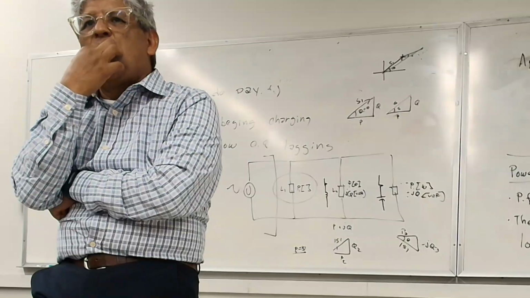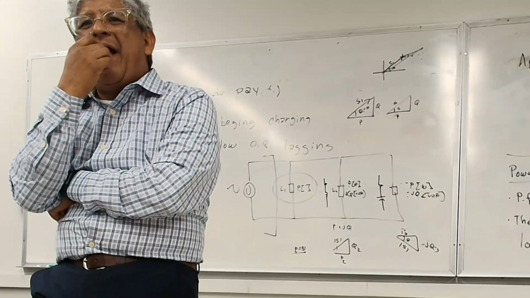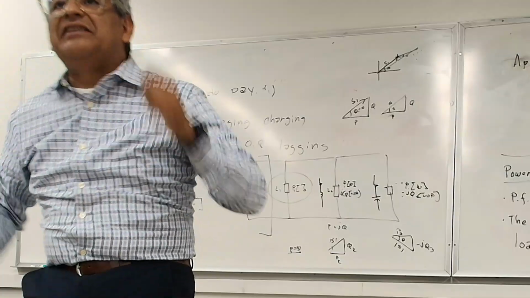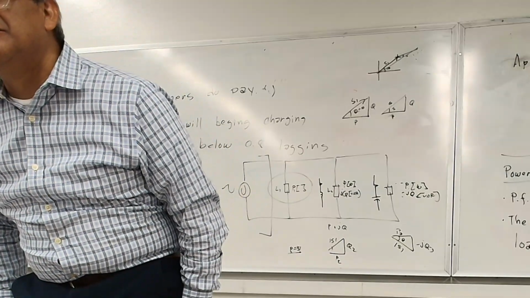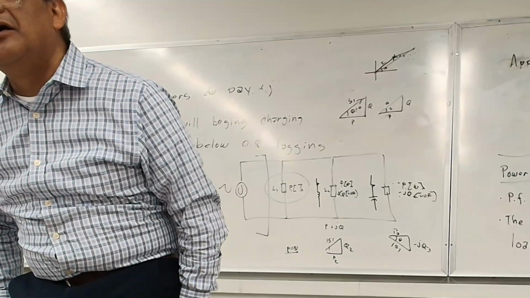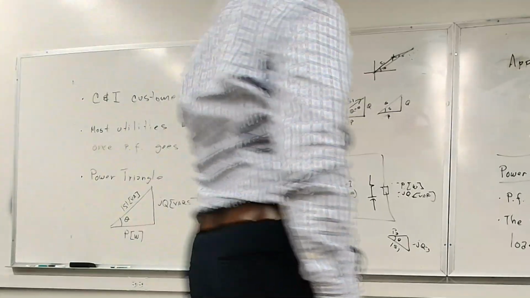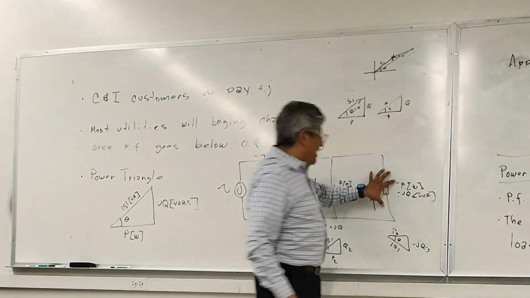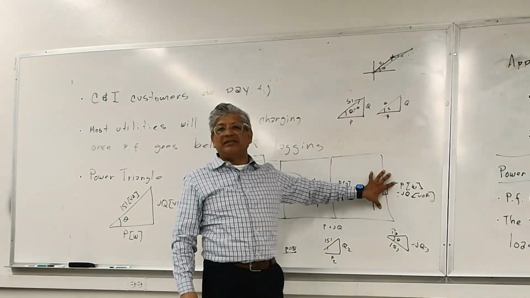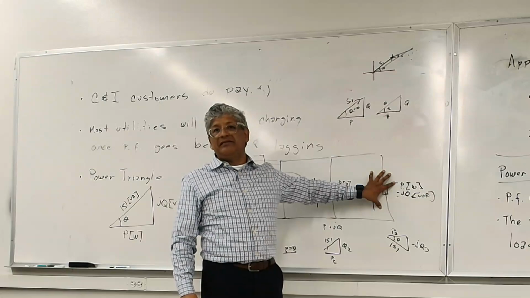Yes, ma'am? Sorry, it's just for the inductive load, doesn't it go up? Say that again? P3 is for the inductive load, right? But doesn't it go up? It's for a capacitor, P3. Oh, no, what I'm saying is, I'm just assuming that there is a load up there in my network, on my system, that is capacitive.